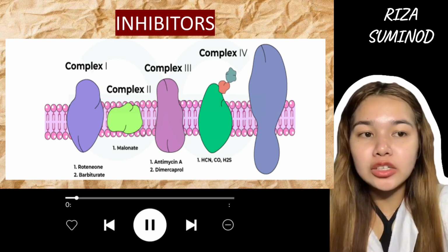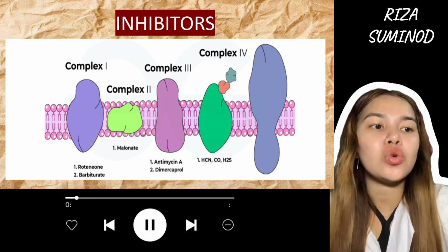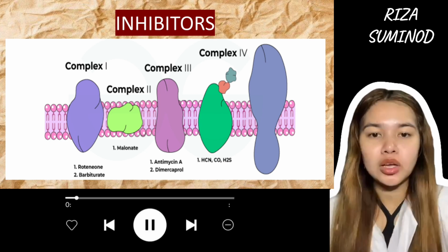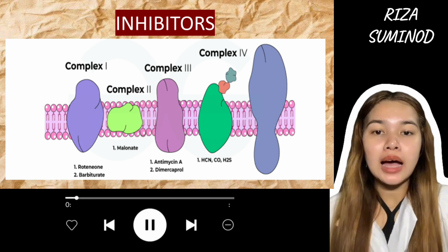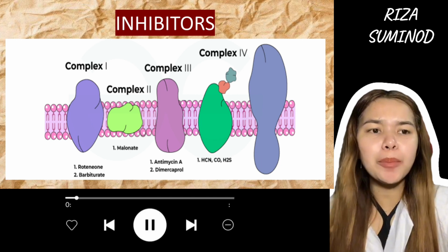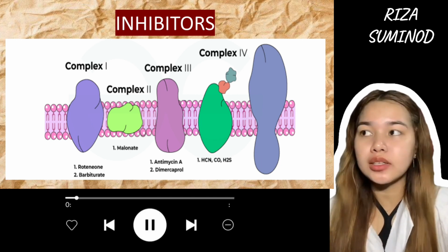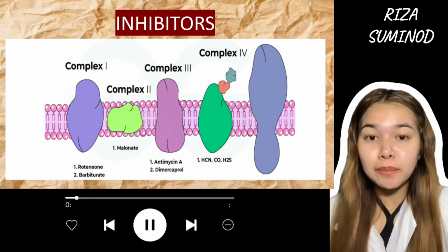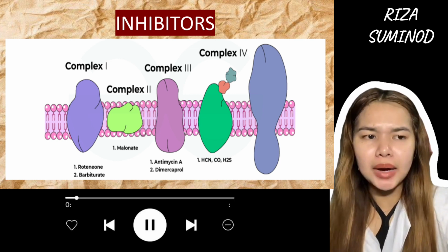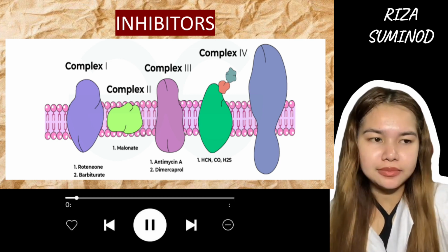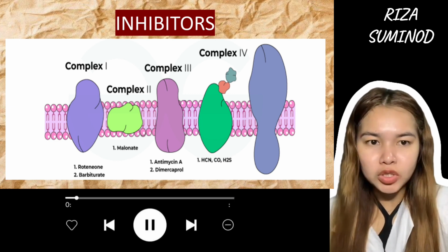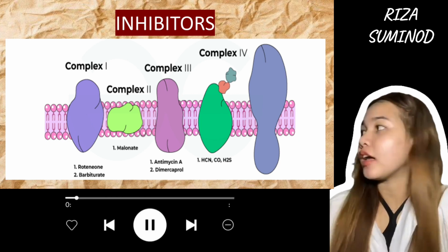Then the flow of electrons from complex 3 to cytochrome C is inhibited by BAL, which is dimercaprol, antimycin A, and naphthoquinone. The flow of electrons from complex 4 finally to oxygen is inhibited by carbon monoxide, cyanide, azide, and hydrogen sulfide. So these are the inhibitors of electron transport.